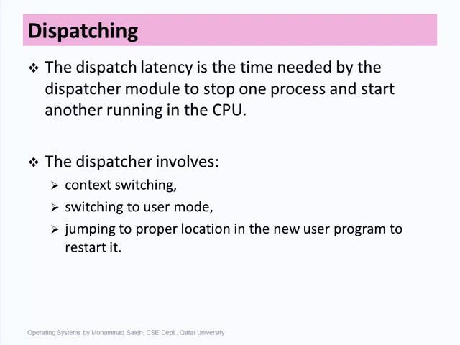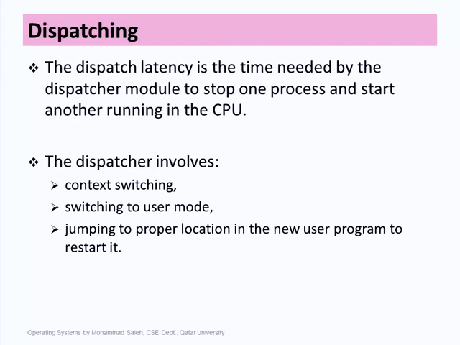The dispatcher module in your system does these things. It does the context switching, which we are familiar with now, the switching to user mode so that we can interact with the programs, as well as jumping to the proper location in the new user program to be executed.